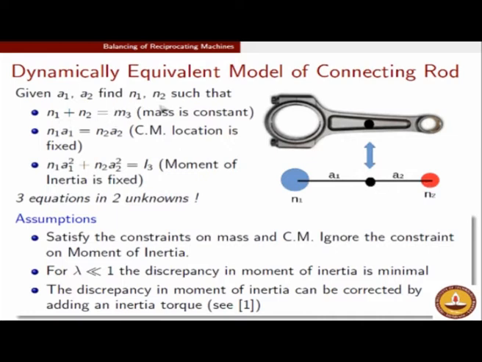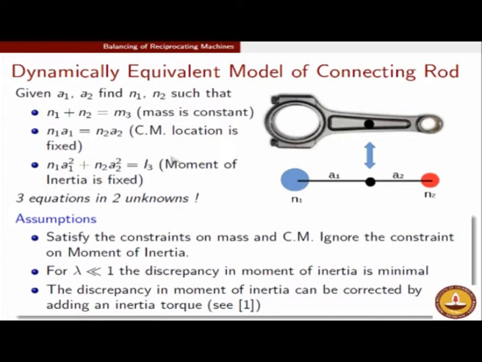The only thing that remains to be found out is N1 and N2, and here you have three conditions to be satisfied. So you want N1 and N2 such that three conditions have got to be satisfied. So here you get to see a condition where you have two unknowns, but you have three equations to satisfy. All of them are linear in N1 N2, that is okay, but there is no way in which you will be able to satisfy all the three conditions using just two variables N1 and N2.